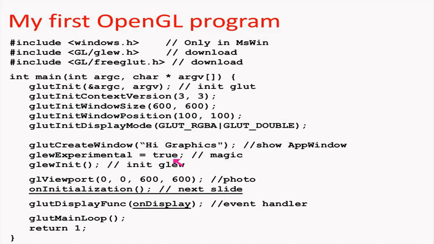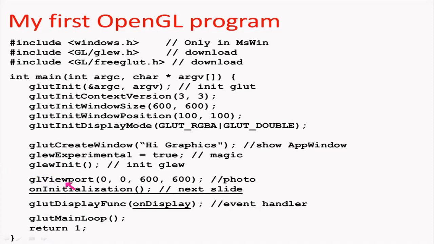Setting glewExperimental to true gets GLEW to try the extension even if it is not listed explicitly by the driver. This is indeed magic. glewInit makes the initialization. From here, we have an initialized OpenGL. Please do not call any OpenGL functions before this point.